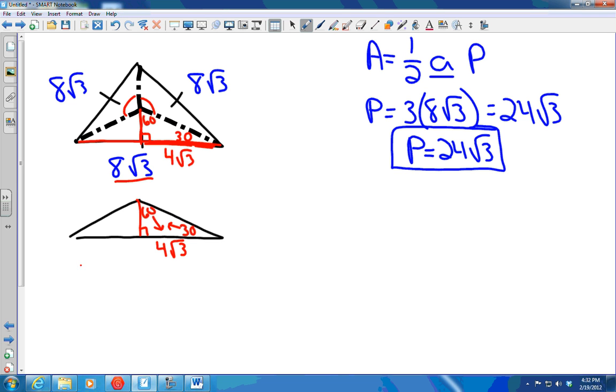So I have the long leg. And I know that's a short leg times the square root of 3. The long leg is 4 times the square root of 3. If I want the short leg by itself, I'll divide both sides by the square root of 3.